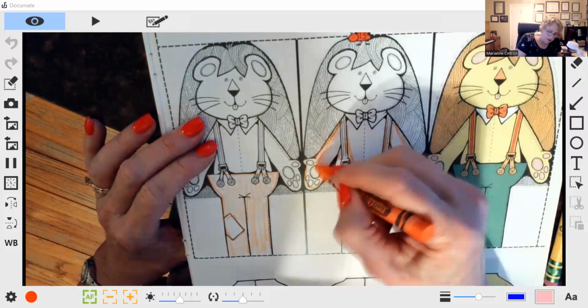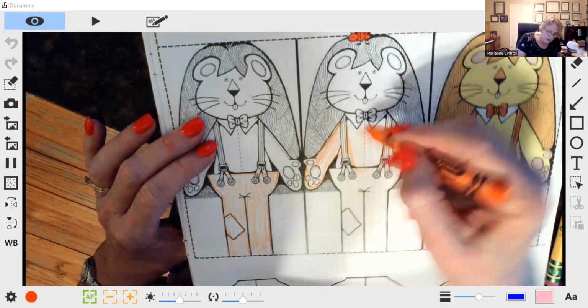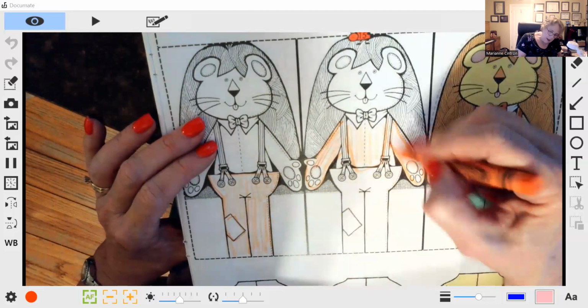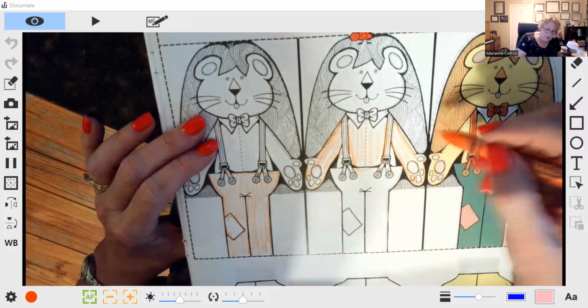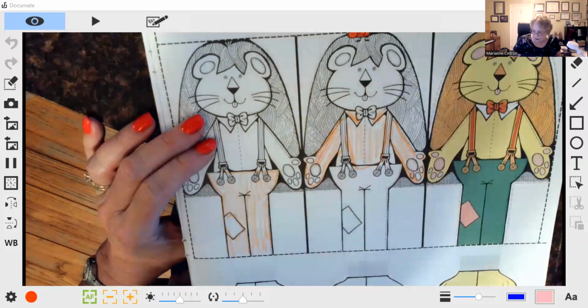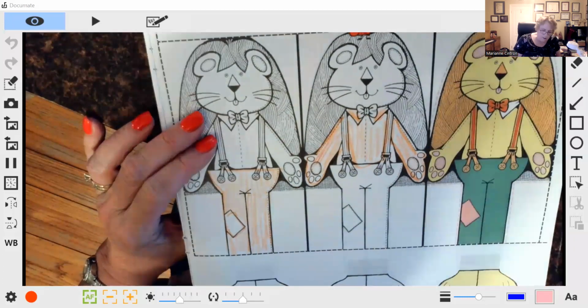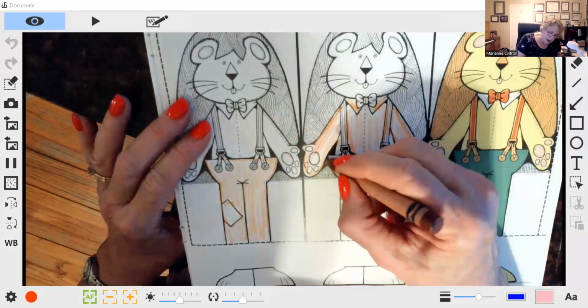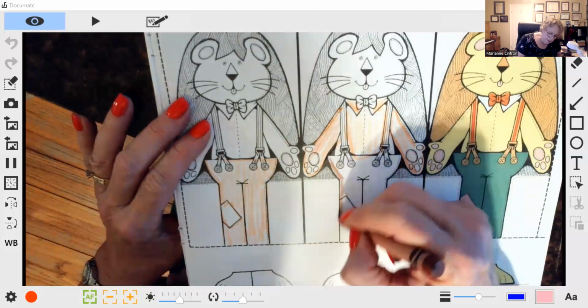Orange shirt. Sometimes I just like to reverse colors. Okay, and I'm going to do, how about a brown pants over here?